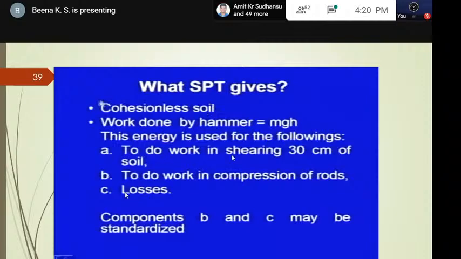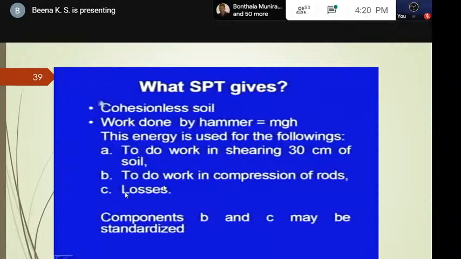This energy is used for shearing 30 centimeter of soil, and also some portion for the compression of the connecting rod and some hammer losses. So all 3 put together, we have the energy MGH. So the components B and C, we have to standardize.